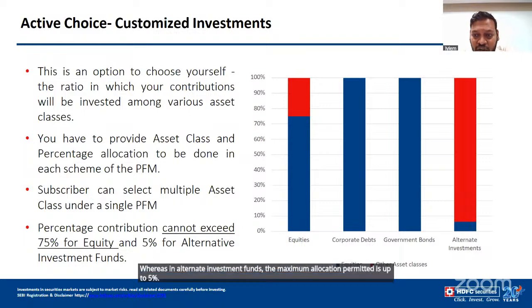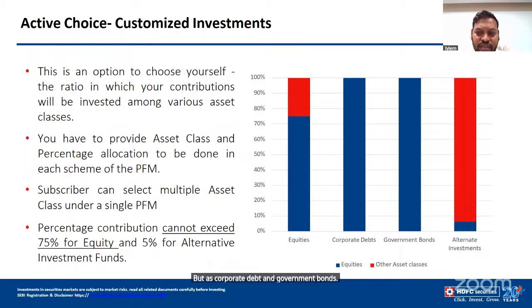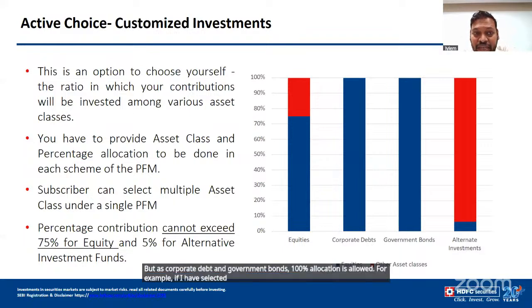Whereas for corporate debt and government bonds, 100% allocation is allowed. For example, if I have selected 75% equity and 25% government bonds allocation in active choice, then that ratio will continue to remain the same until and unless I manually change it.